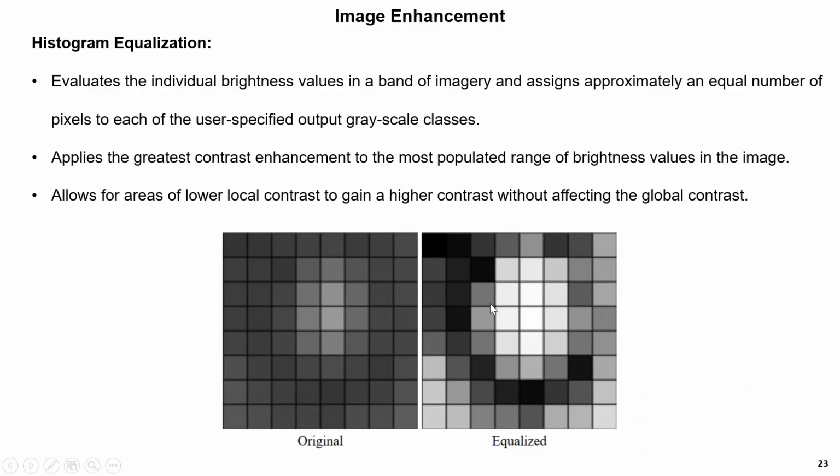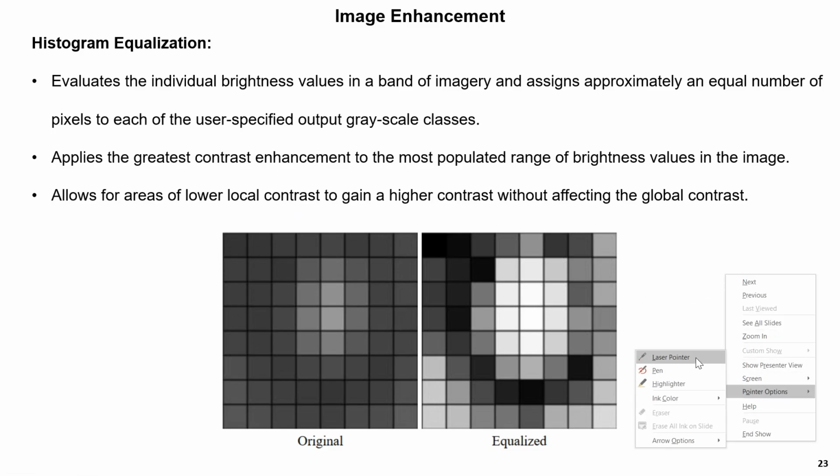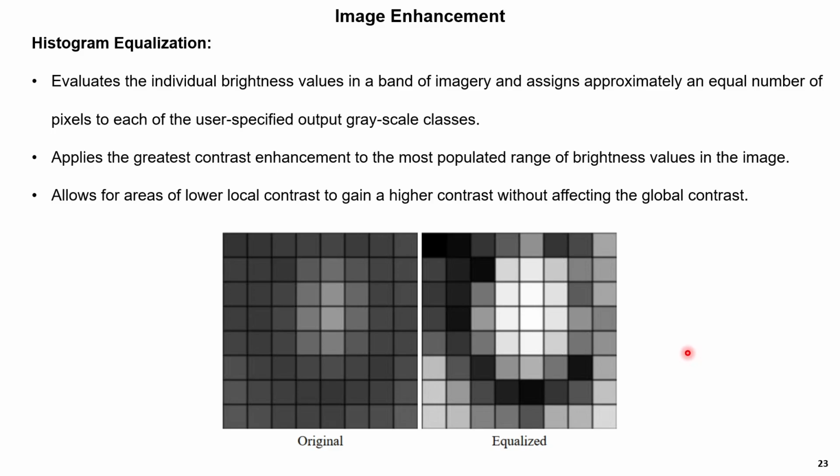So next technique is the histogram equalization. What this method does is, if you see the histogram, it will not be equal. Different brightness will have a different number of pixels. Let's say if a DN of 10,000 has 50 pixels, then a DN of 30,000 has 100 pixels. These are not equal.